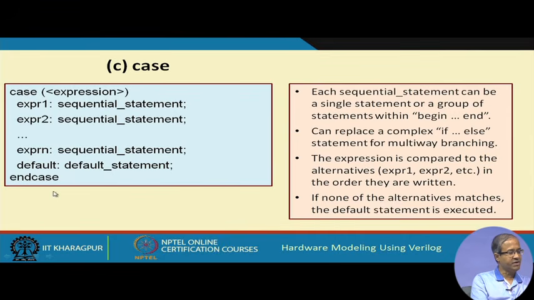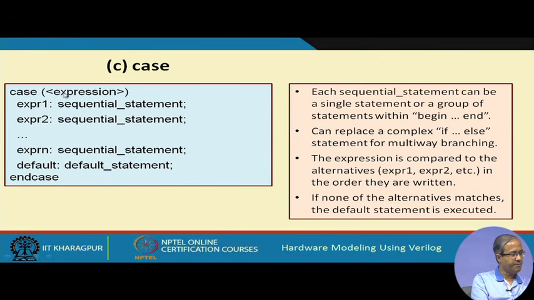Well, in C language you have a similar construct called switch case. In Verilog we have case. Here we give an arithmetic expression inside this case within brackets. It evaluates to a value, and that value is compared with these expressions which are specified before the colon.